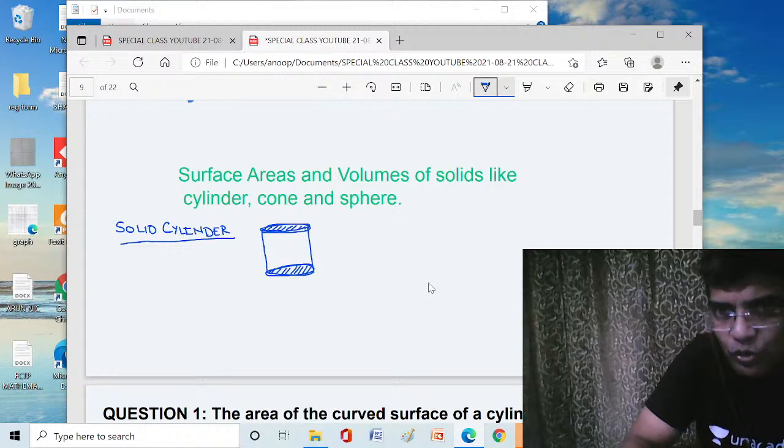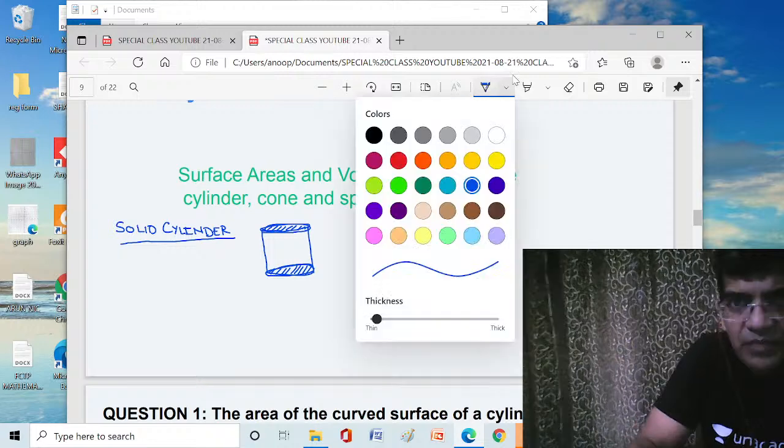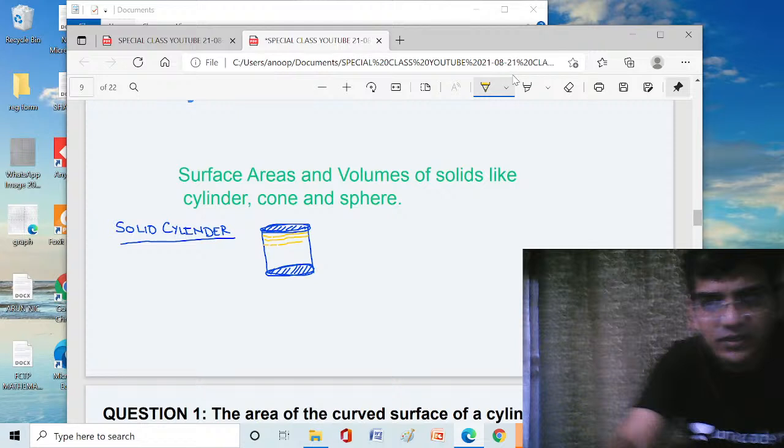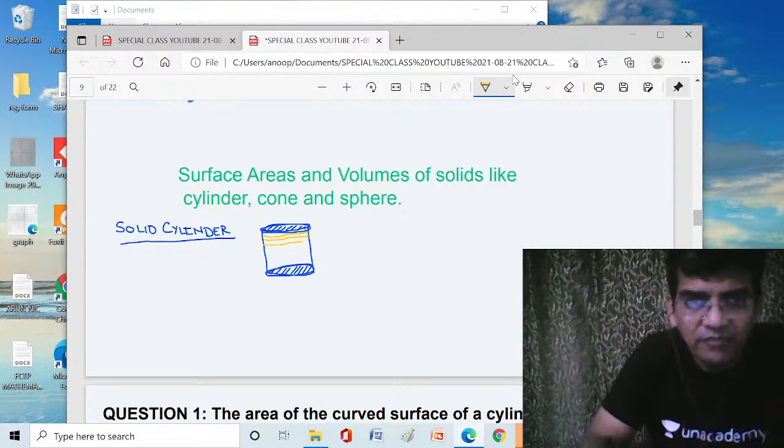So two circular surfaces, and this surface, which I am marking in yellow, is called the curved surface. So all together we have three surfaces here.